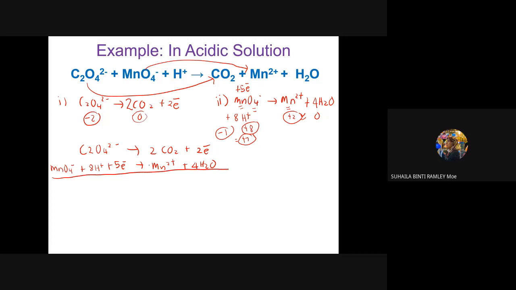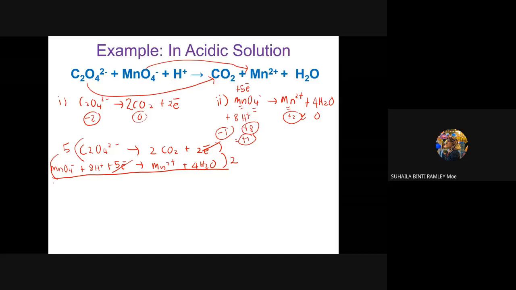Di sini kita ada 2, sini ada 5. Jadi atas times, darab 5. Bawah, times 2, darab 2. Okay, so kita boleh cancel out the electron.